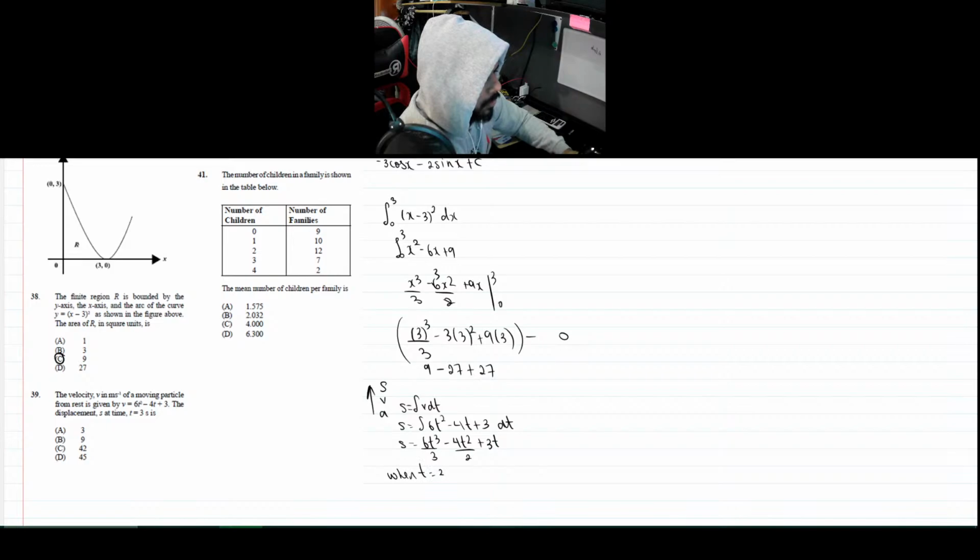When t is equal to 3, s is equal to, we get 2 into 3 cubed minus 2 into 3 squared plus 3 into 3.